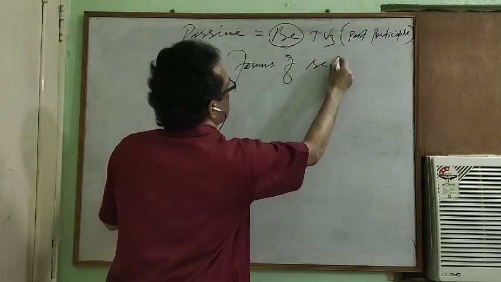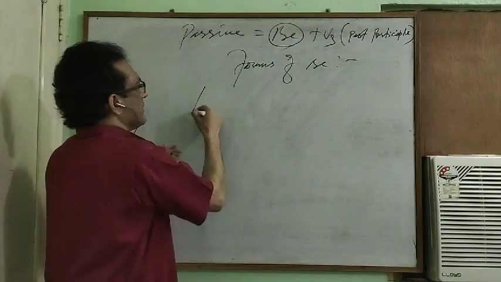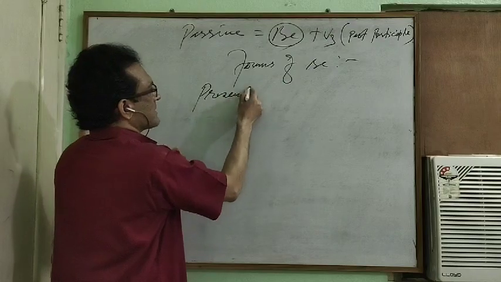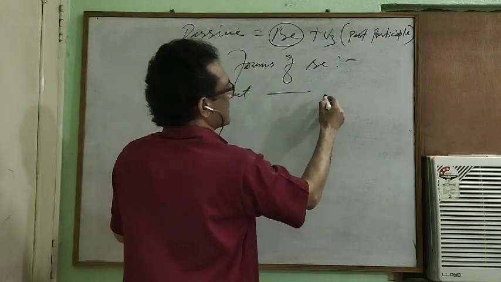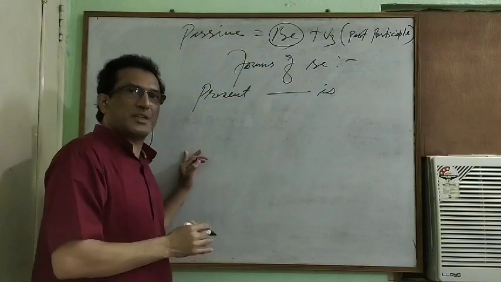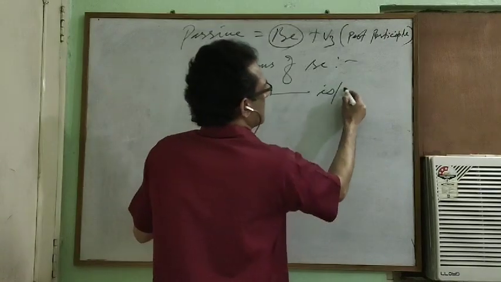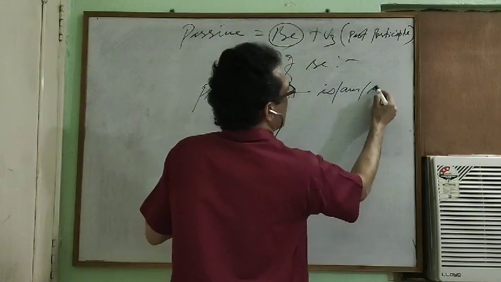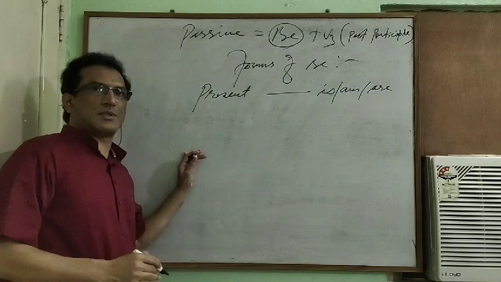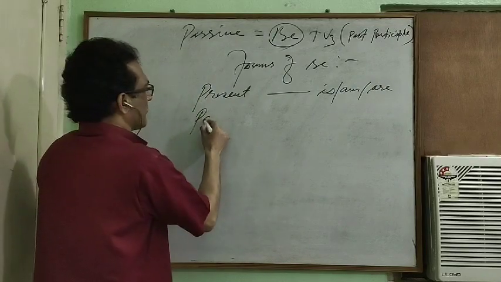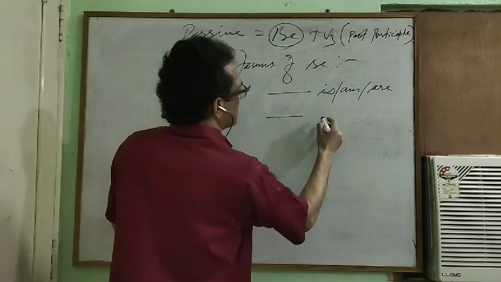Forms of be. We have present forms of be. What are the present forms of be? Is, am, or are. Now, past forms of be.